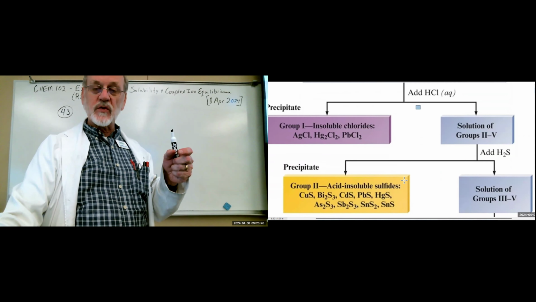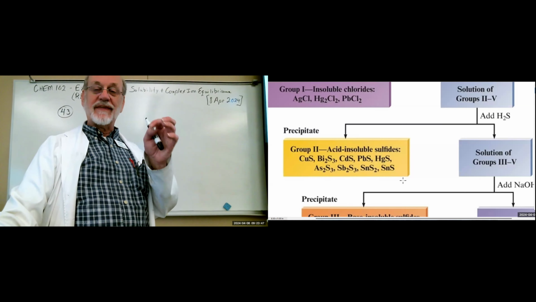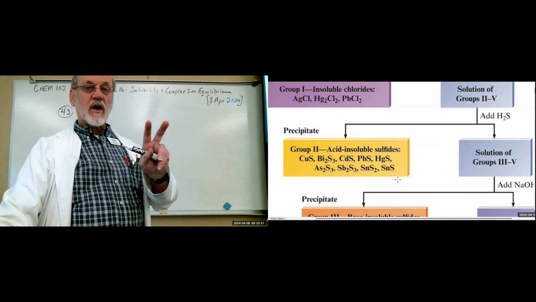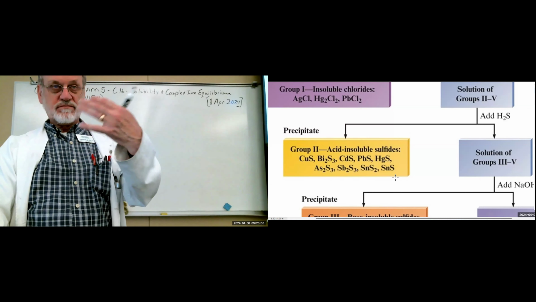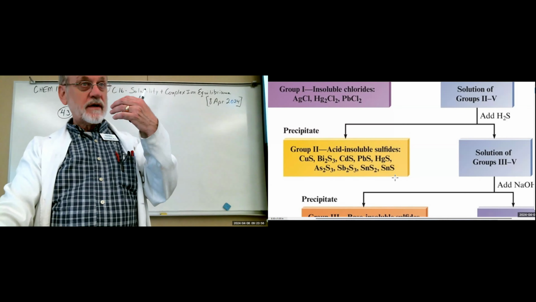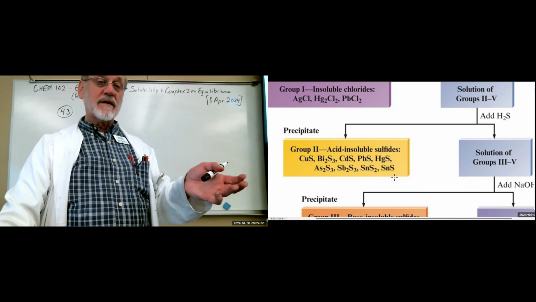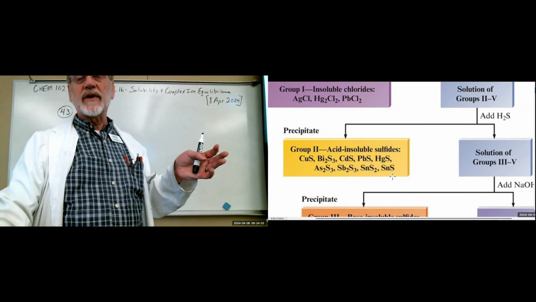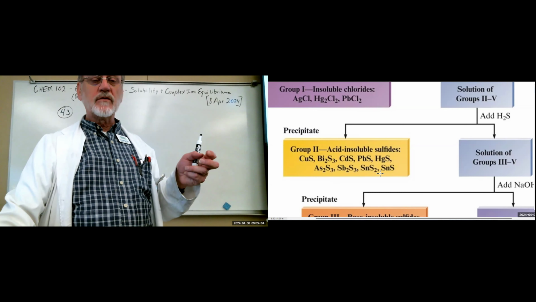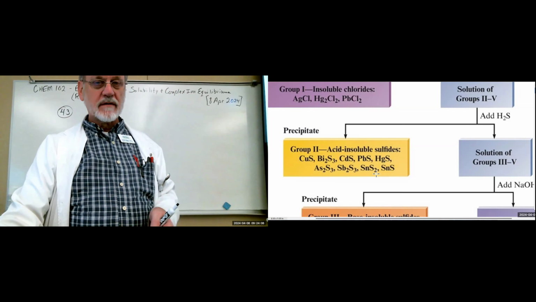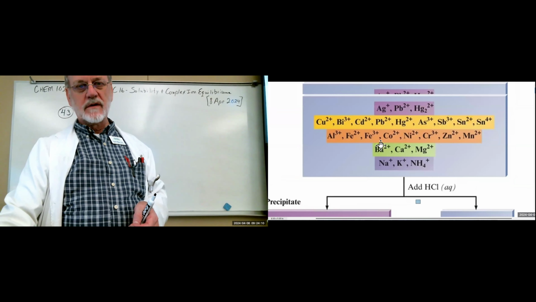Then you add H2S in that acidified solution, and that'll take out group 2. So group 1 and 2 are taken out by this step-by-step scenario. If you use nitric acid, it won't do anything, because you're precipitating as chlorides. So you have to use hydrochloric acid first.